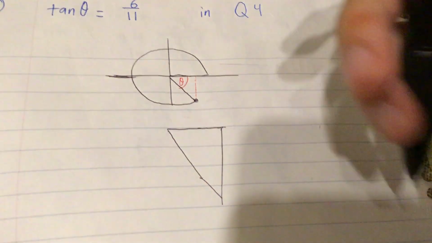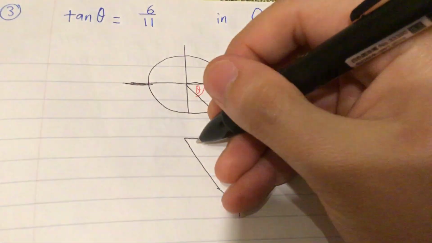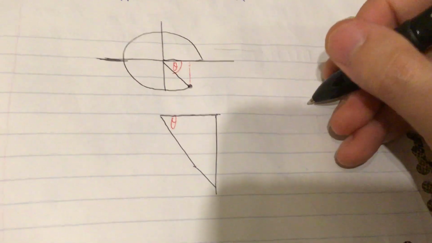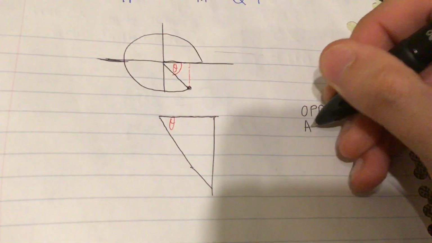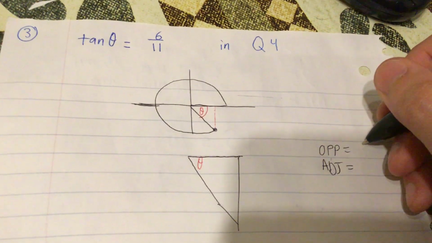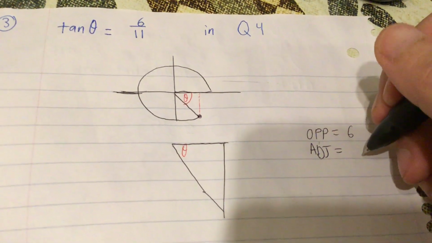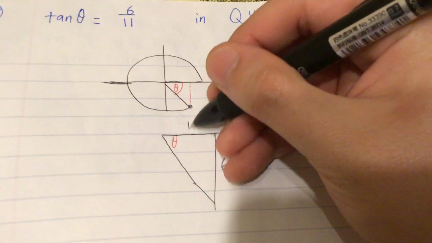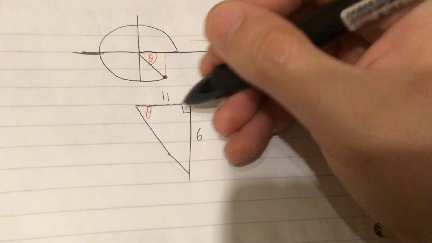Okay, sorry about that. It's not drawn to scale, but you get the idea. So we're going to draw an angle theta, and remember that the tangent has an opposite and an adjacent part. So the opposite has to be 6, the adjacent has to be 11. So we've got 6/11 for my triangle, and I'm trying to solve for this angle theta.